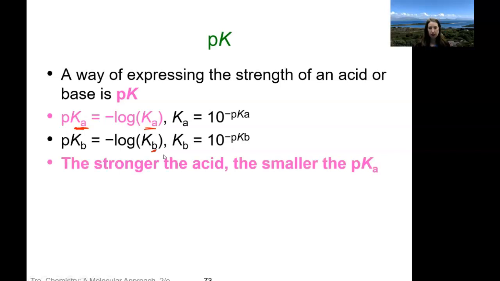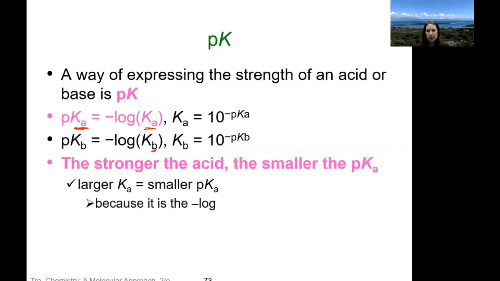And this is a nice little thing to remember. Sometimes you will get really good at doing this a little bit later, but right now we just need to remember that the stronger the acid is, the smaller the pKa. If you're going to compare pKa's, because it's a negative log, it's not that the stronger the acid, the higher the pKa. The stronger the acid is, the smaller the pKa is.